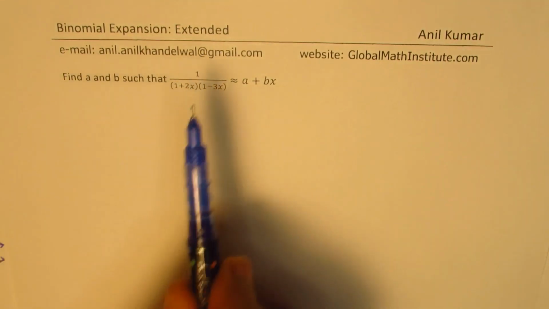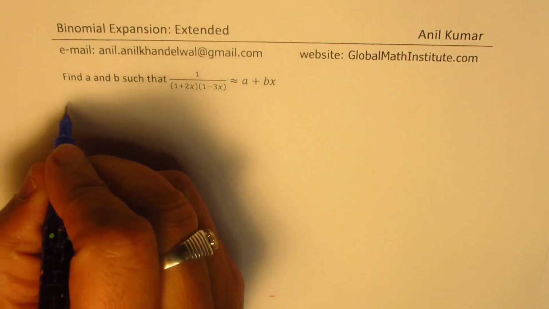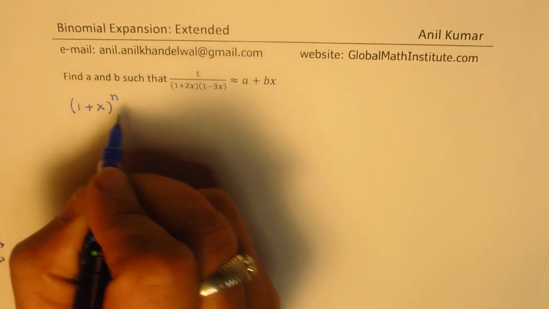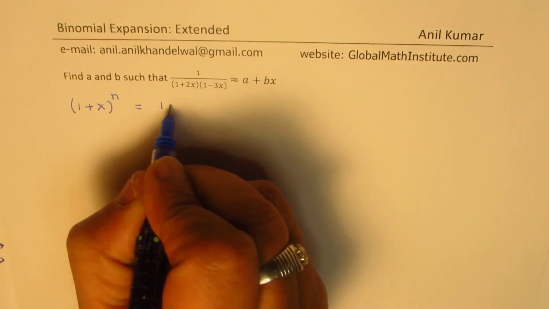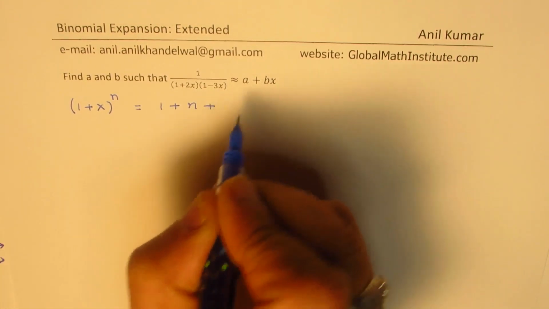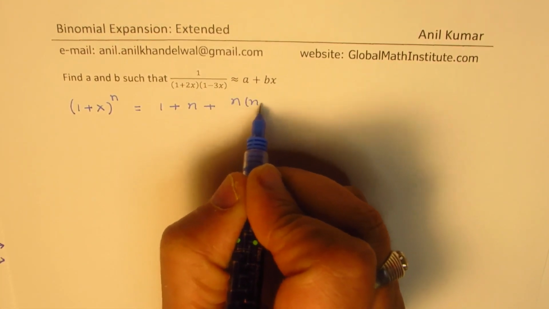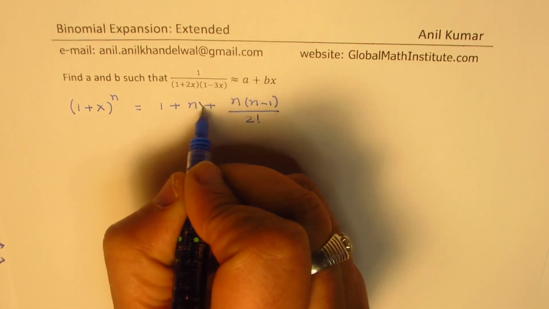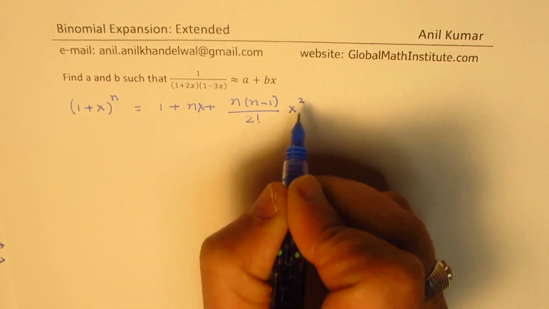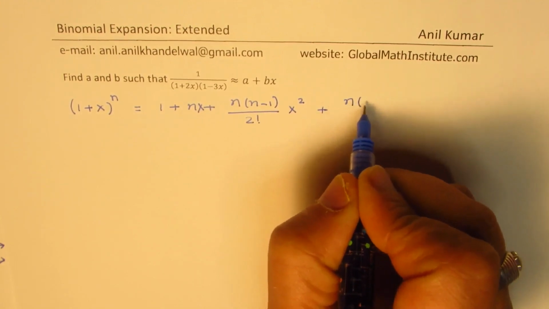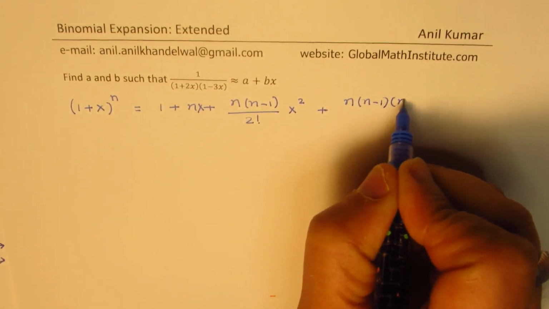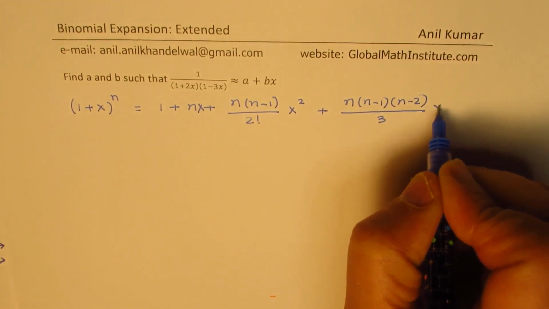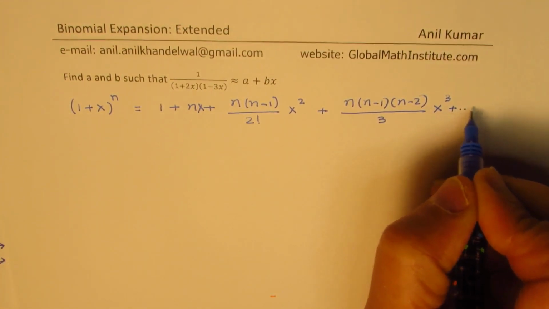When we say expansion, we are actually expanding terms like 1 plus x to the power of n, and that could be expanded as 1 plus nx plus n times n minus 1 over 2 factorial x squared, plus n times n minus 1 times n minus 2 over 3 factorial x cubed, plus so on.